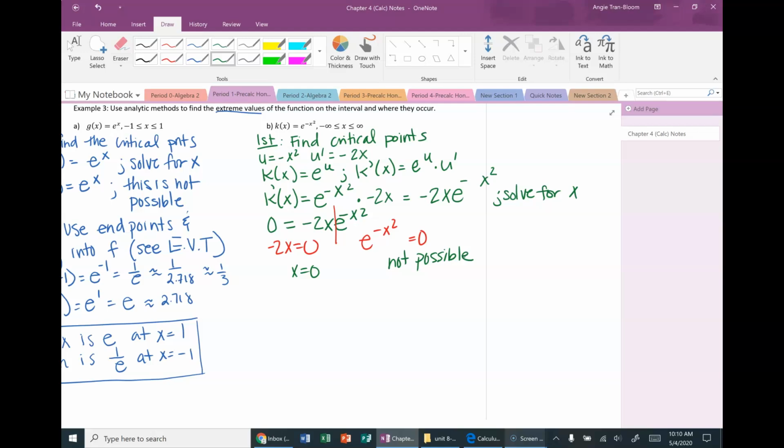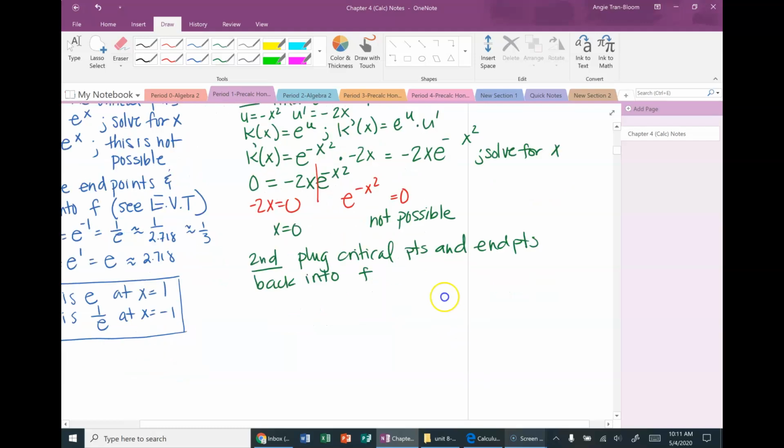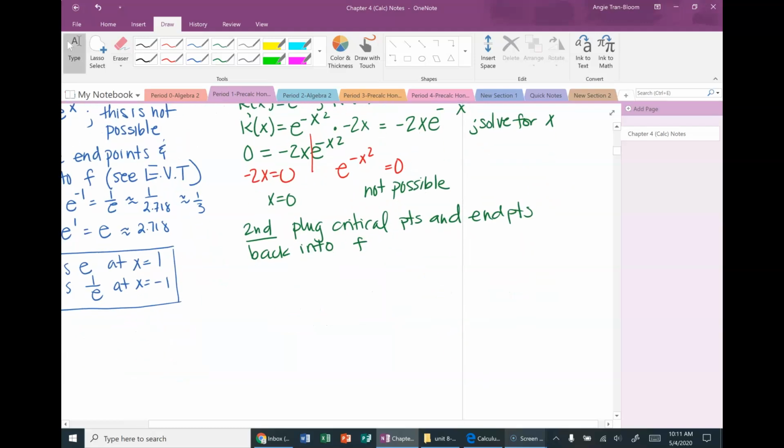So let's move down here. Since there are no endpoints, and we have one critical point, that's what we are going to use. Now, if you have critical points and endpoints, you plug them all back into your original equation. So second step, plug critical points and endpoints back into F. In this case, we're using K. So again, if you have endpoints, you will have to do all of them.